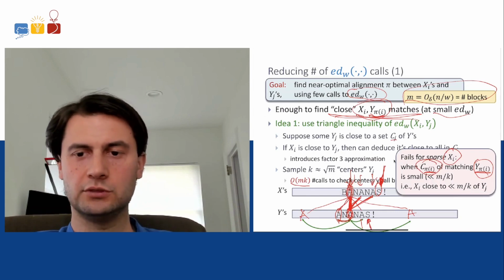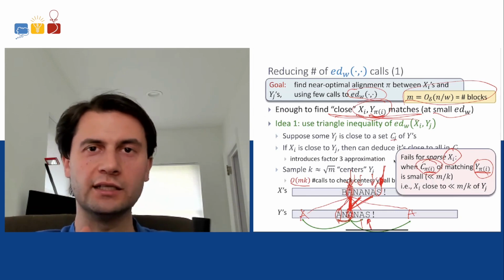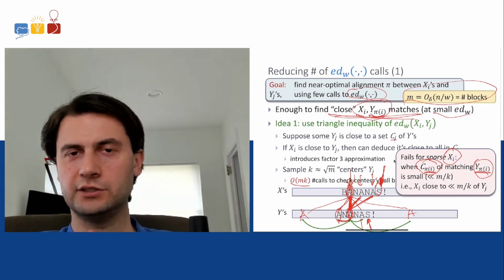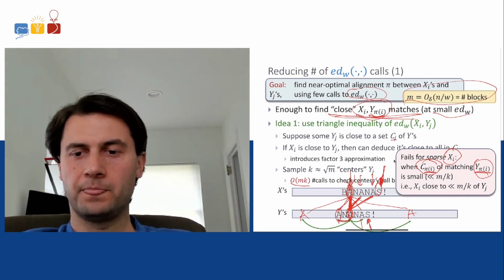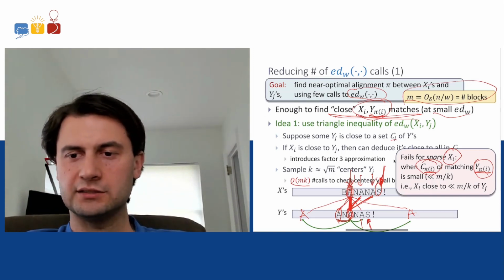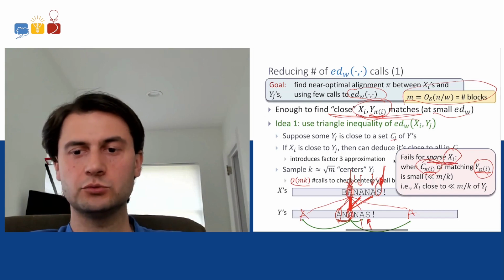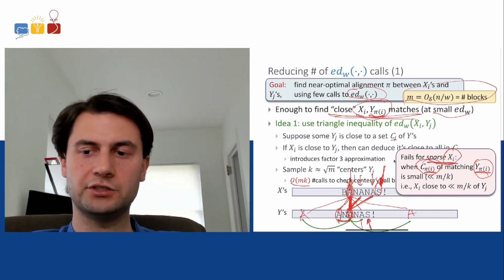Another way to think about it is that the sparse xi's are those which are close to very few yj's.